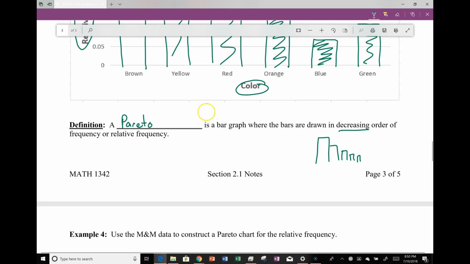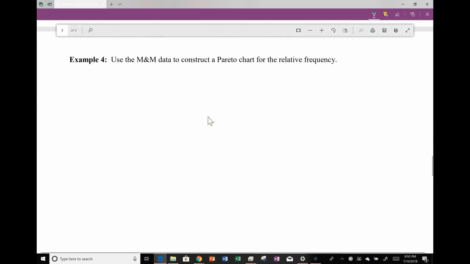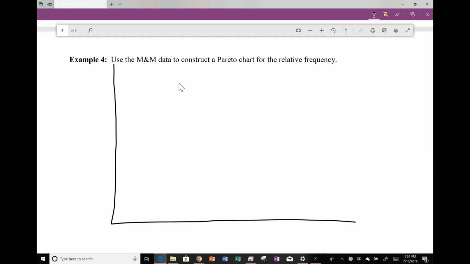Okay? So if I want to draw a Pareto for relative frequency of the M&M data, what I'm going to do is I still have my vertical and my horizontal axes. And we're talking about relative frequency here. So I'm going to label over here relative frequency, and then I'm going to look at what to count by.